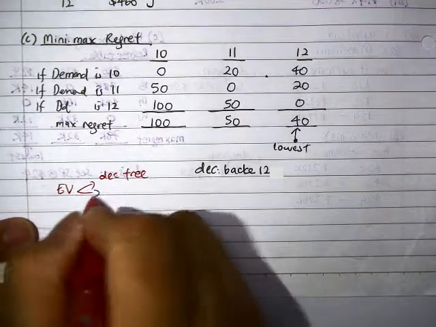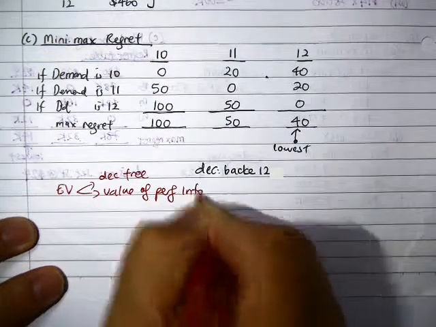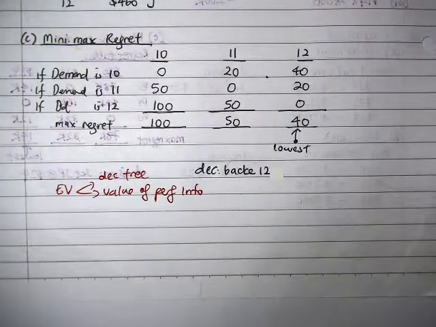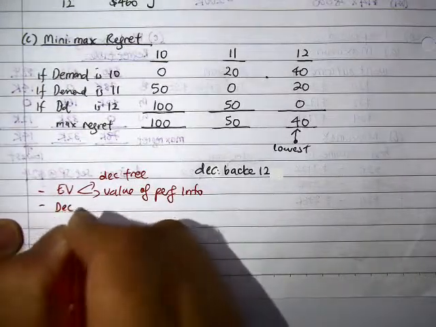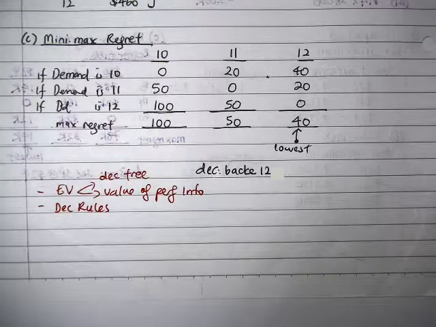Then we talk about value of perfect information. That's the calculation aspect. After that, we look today at decision rules: the three rules of maximax, maximin, minimax regret. These are how you solve decision making when you have uncertainty.